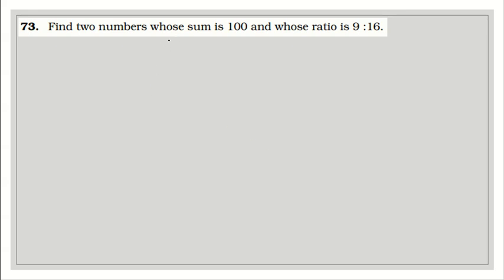Find the numbers whose sum is 100 and whose ratio is 9:16. See children, the moment you get a ratio given at any time, go for assuming the ratio constant. Let the ratio constant be k, you can assume any variable.